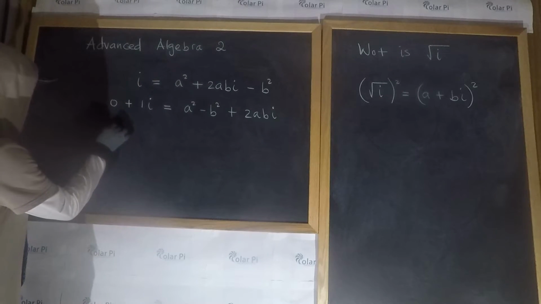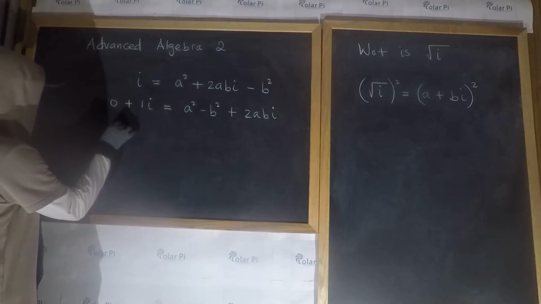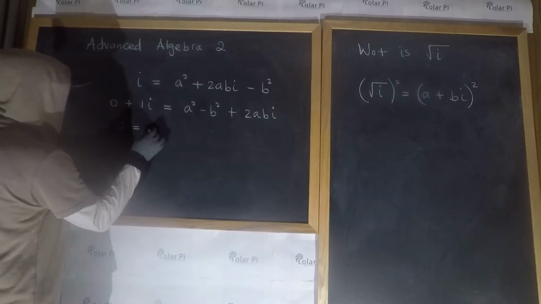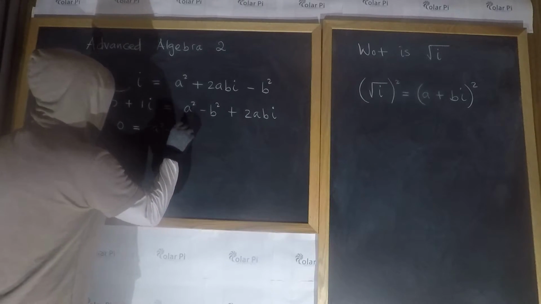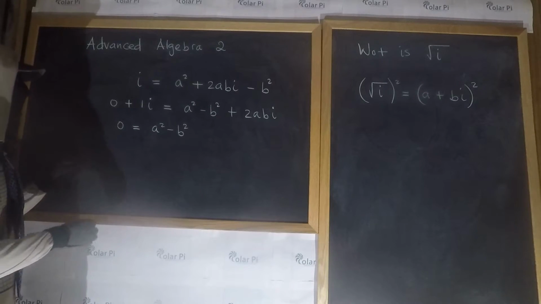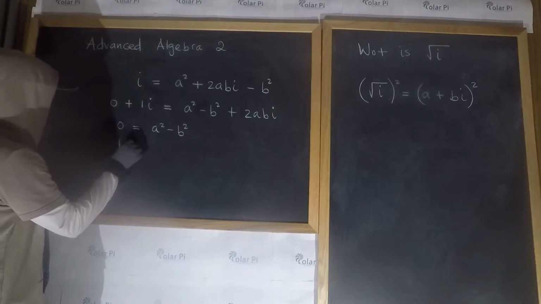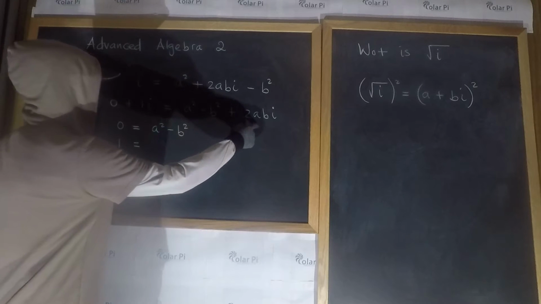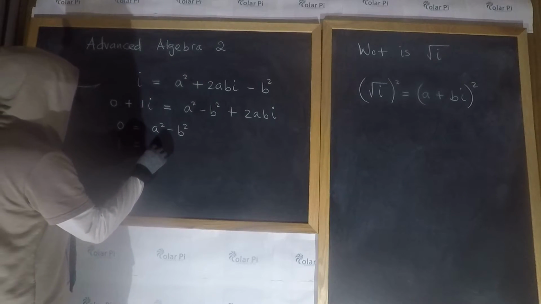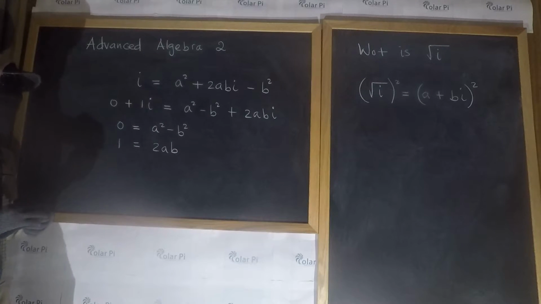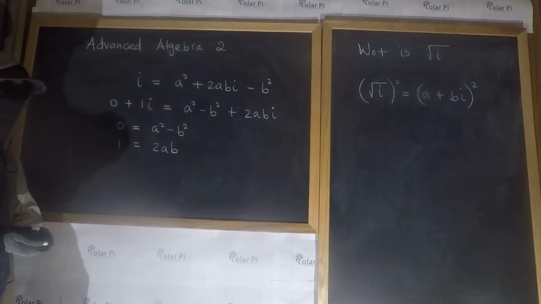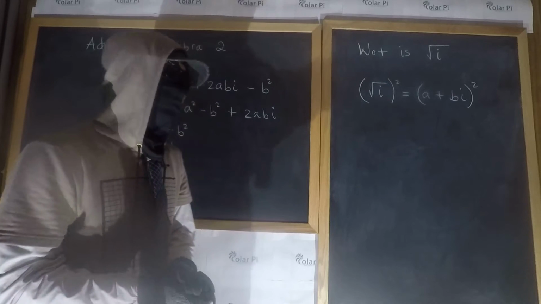Therefore, the real part of the left side, which is 0, will have to equal the real part of the right side, which is a squared minus b squared. And the imaginary part of the left side, which is 1, will have to equal the imaginary part of the right-hand side, which is 2ab.